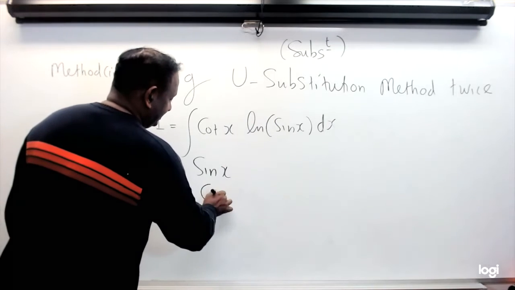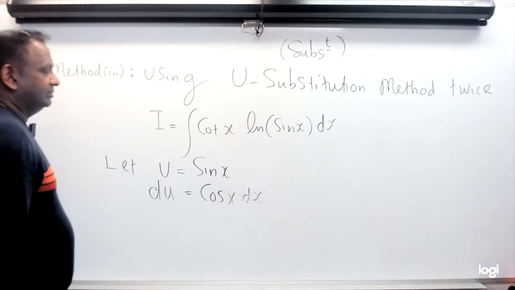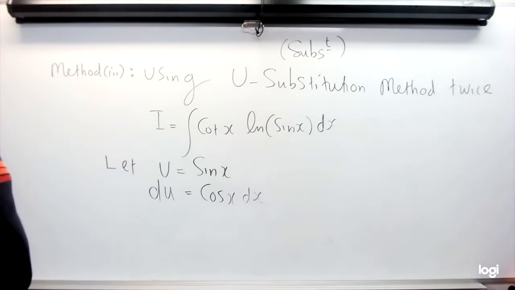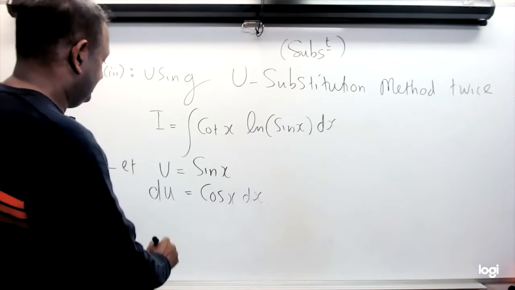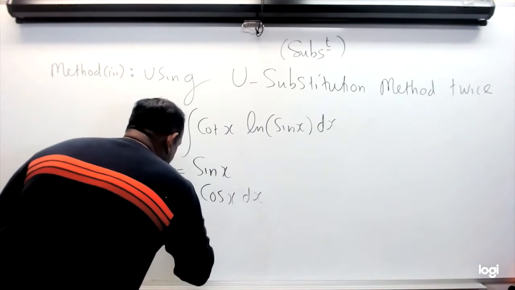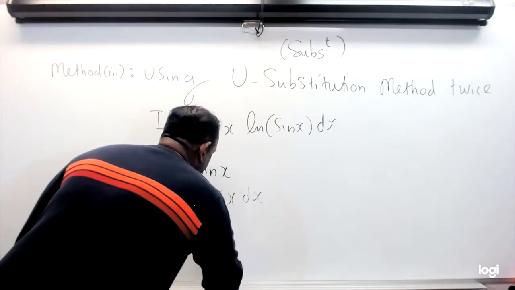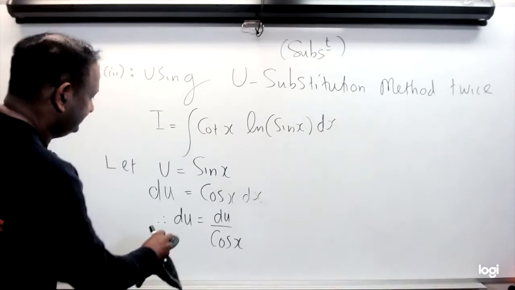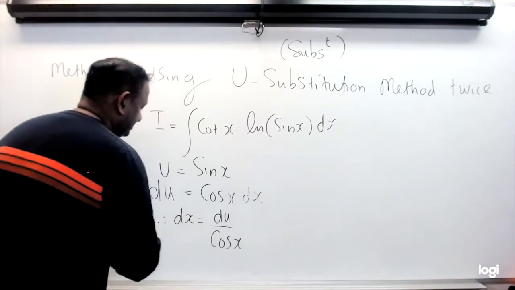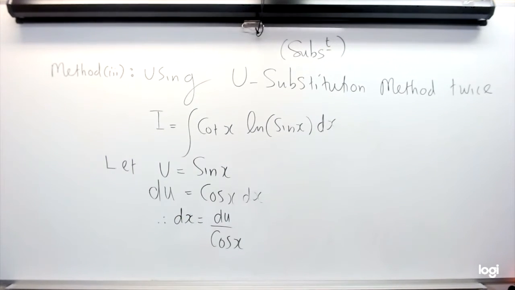Sine x becomes cos x and put the operator. So therefore, dx is nothing but du over cos x.